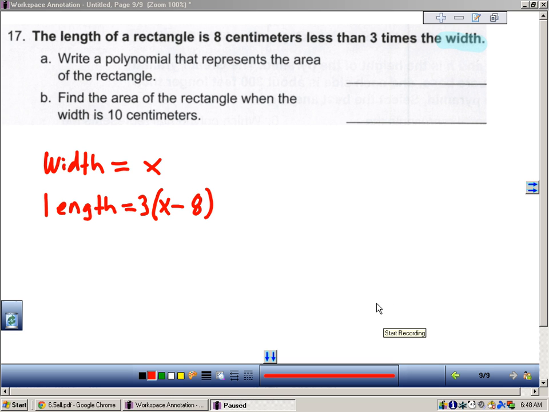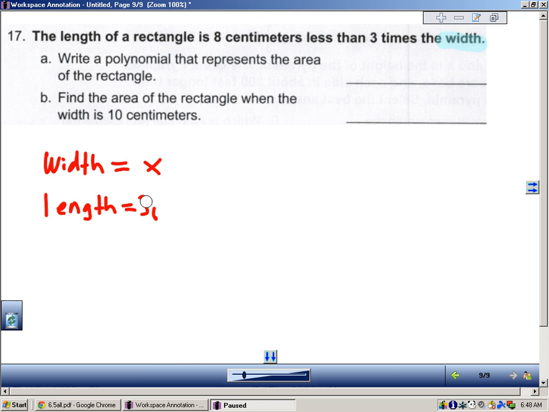Okay, after looking at the question in a different light, what I wrote here would read as the length is 3 times 8 less than the width. And so you don't necessarily need these parentheses here, so this should be written this way. Let me rewrite this.